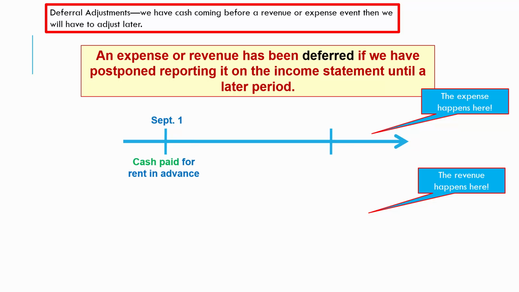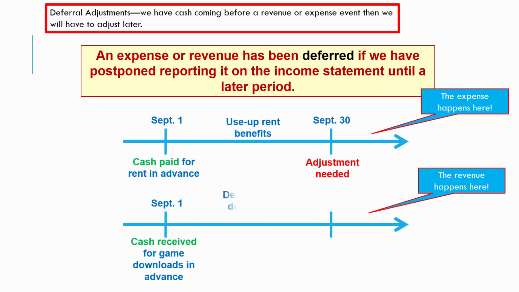So here we are paying our rent in advance. Previous example I had for you was paying insurance. Here you're paying rent in advance. Cash was paid for rent in advance. We get to use up the benefits associated with this rent during the month of September, and so at the end of September we need to reflect that we no longer have these benefits which are owed to us from the rent.